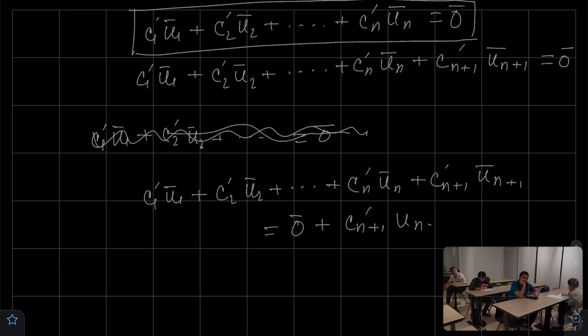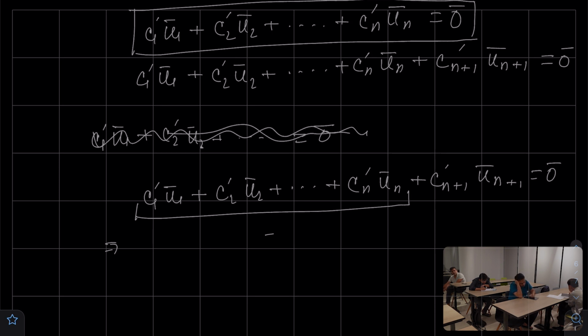Why do you do that? Sorry, sir. You don't need to do that. So you set it with the zero vector. Yeah. And that will imply that c1 prime is equal to c2 prime; the first part is actually 0. Then I'm adding 0 vector plus cn plus 1 prime un plus 1 is equal to 0 vector.